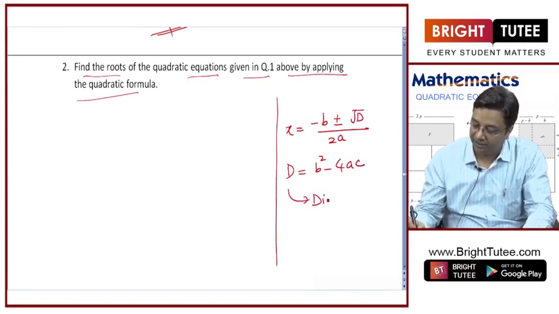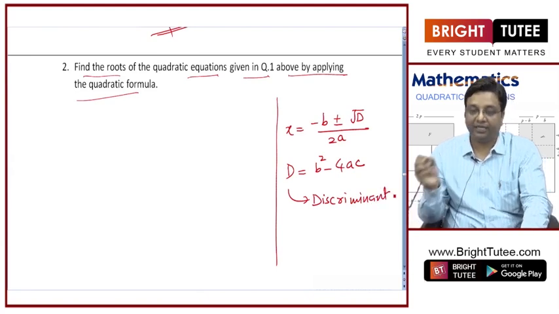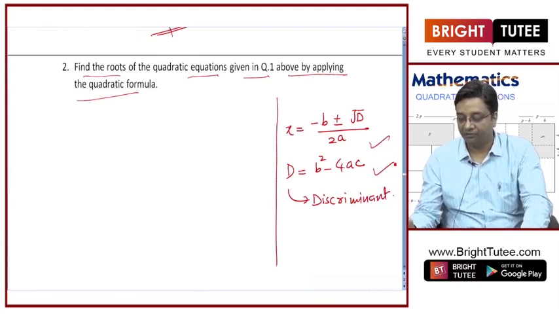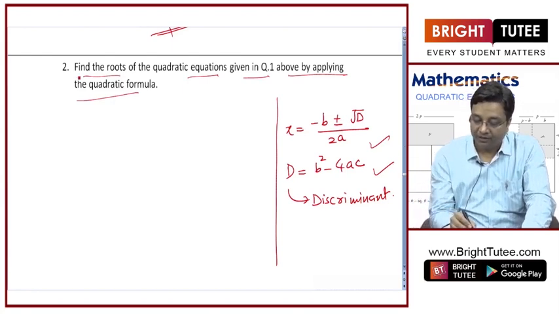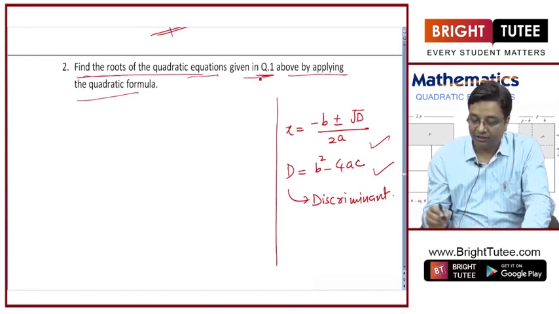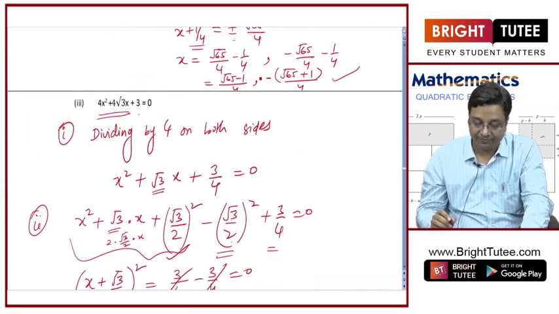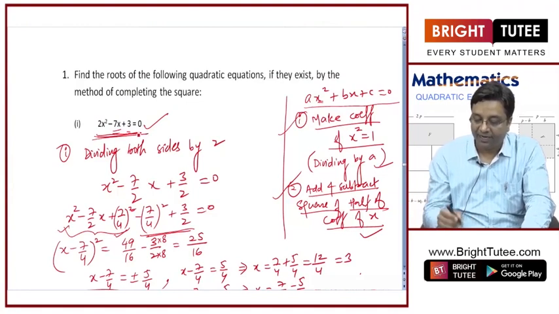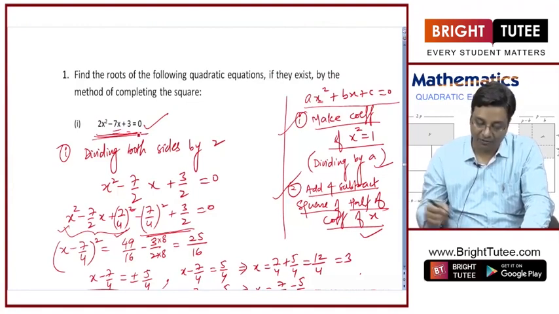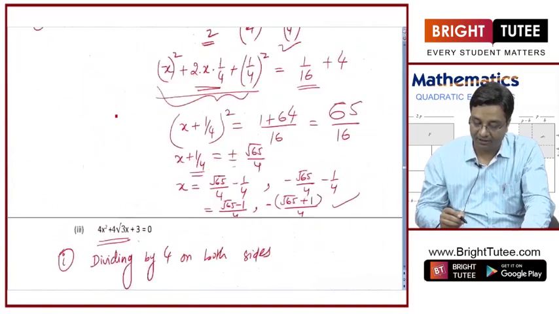D is discriminant, right? So this was the quadratic formula that we did in the introduction part. So now I have to find roots of quadratic equation of this question, right, by quadratic formula. 2x square minus 7x plus 3.